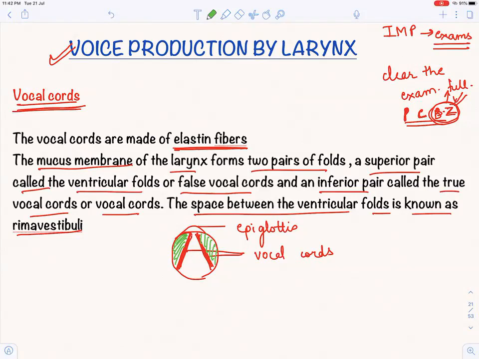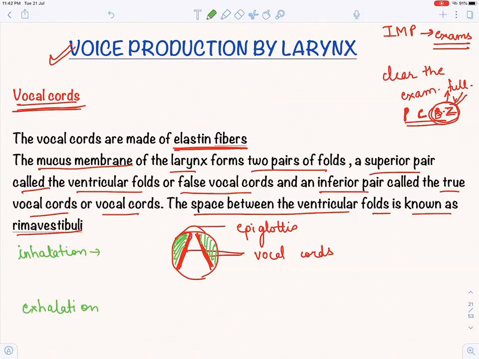During inhalation and during exhalation, two things we need to know in vocal cords: what happens in inhalation and what happens in exhalation.